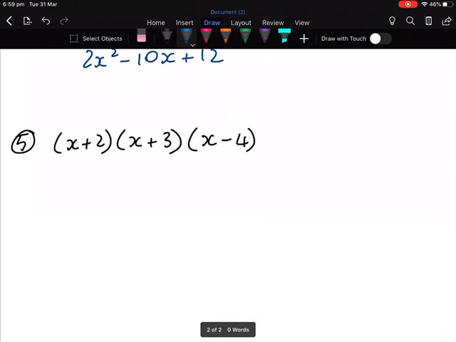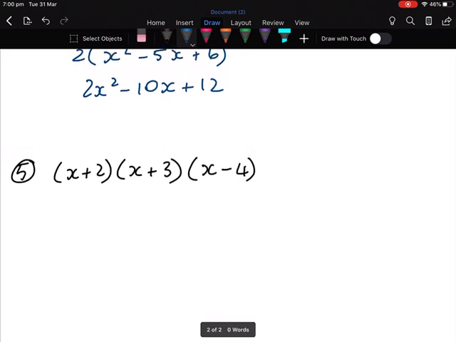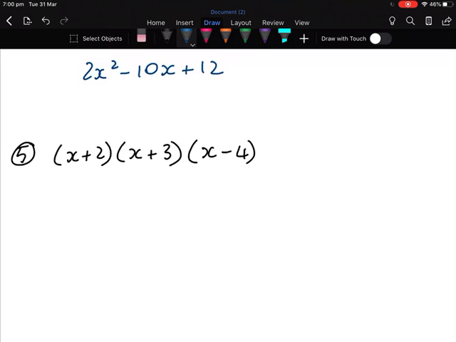All right, last one. This time we've got 3 binomials that we have to multiply. So again, just pick 2 to multiply first, and then multiply that polynomial by the last binomial. I'm just going to multiply the first 2 because they're nice positive numbers. So I've got x squared plus 3x plus 2x plus 6, and then I've got to multiply that by x take 4.